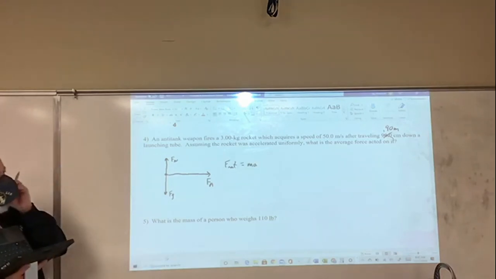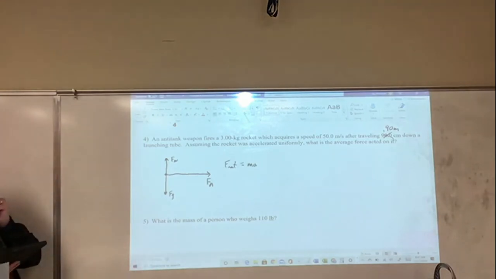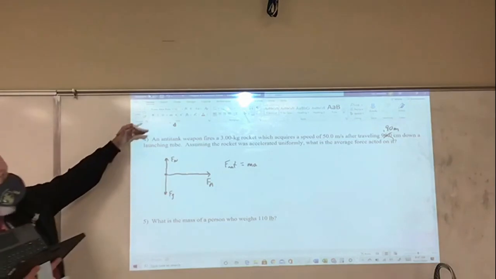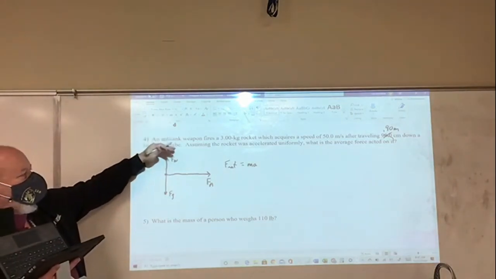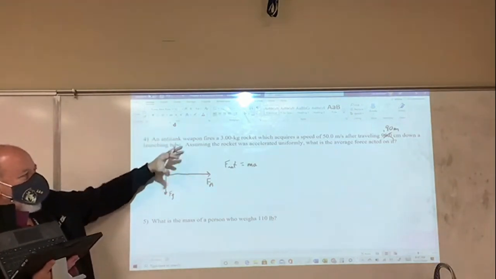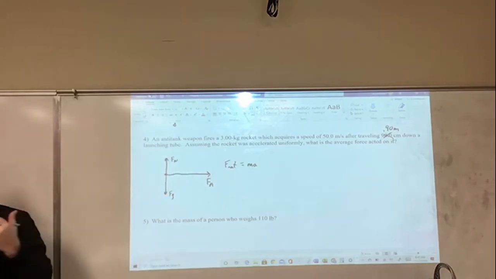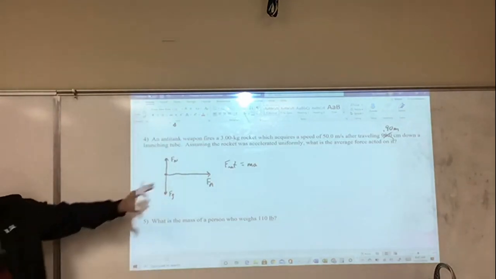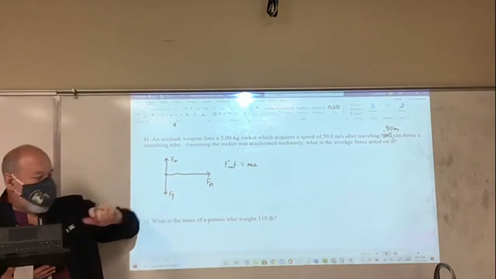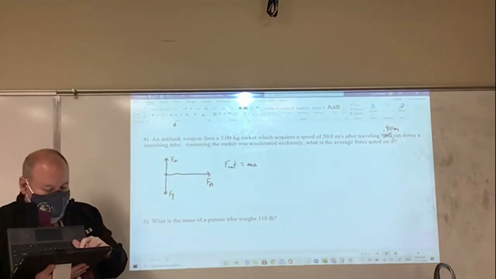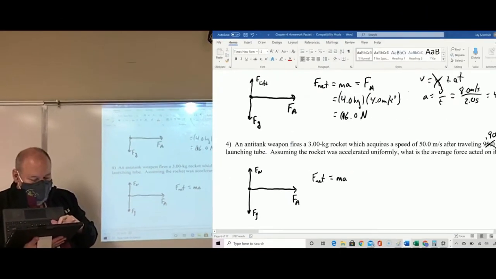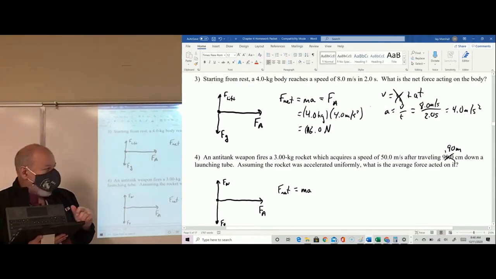Okay, here's something I'm going to do for you. You've done several consecutive problems now where we really haven't needed the support of a free body diagram. All we've really done is say that the net force equals mass times acceleration.